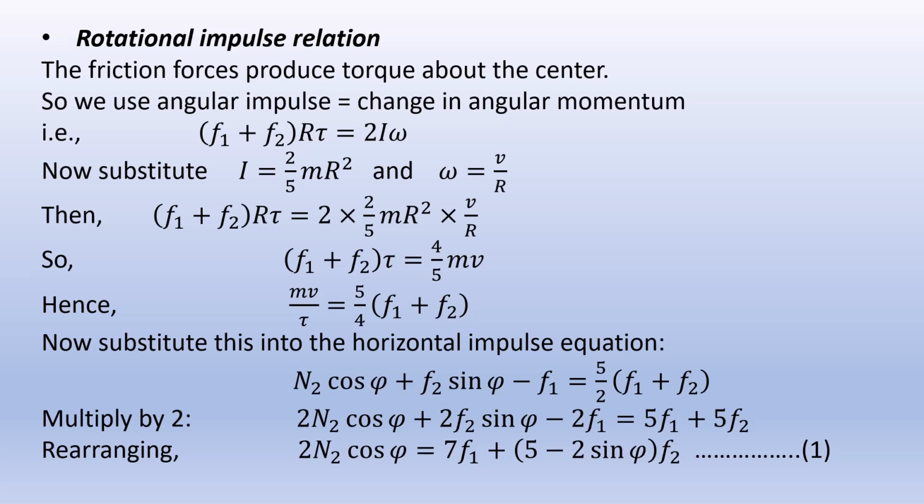Next, multiplying the entire equation by 2, we get 2 N2 cos phi plus 2 F2 sin phi minus 2 F1 is equal to 5 F1 plus 5 F2. And after rearranging all the terms carefully, we finally obtain 2 N2 cos phi is equal to 7 F1 plus (5 minus 2 sin phi) times F2. Let us call this equation 1.